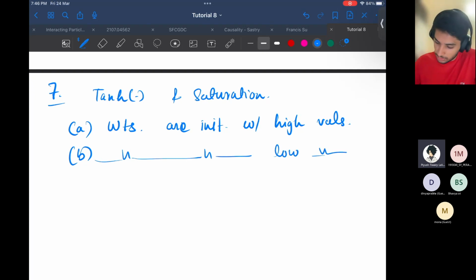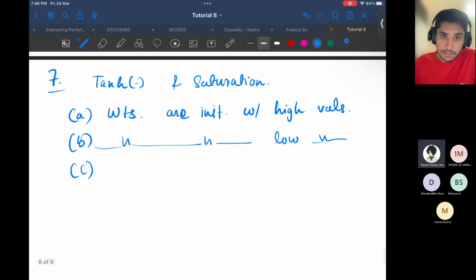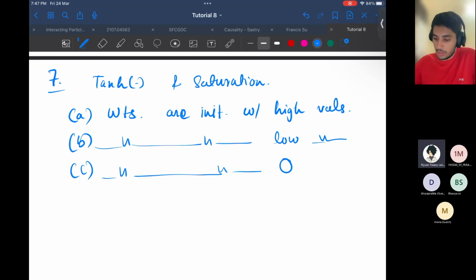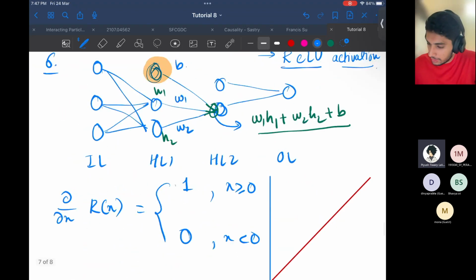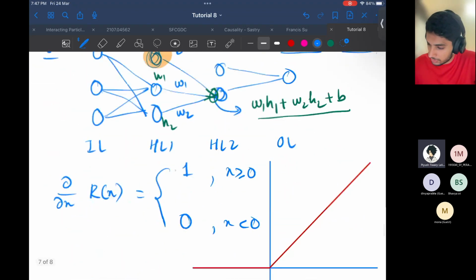C: weights are initialized to 0. And D is all of these, right? D is all of the above. So, well, let us look at the tanh(x) function.